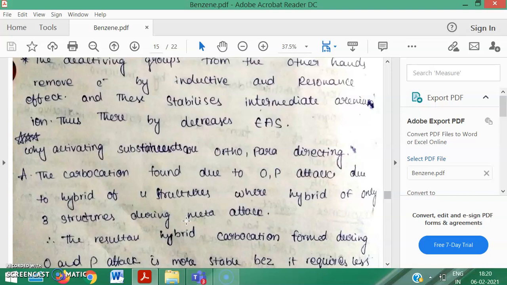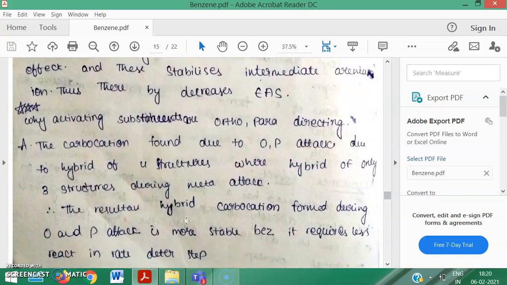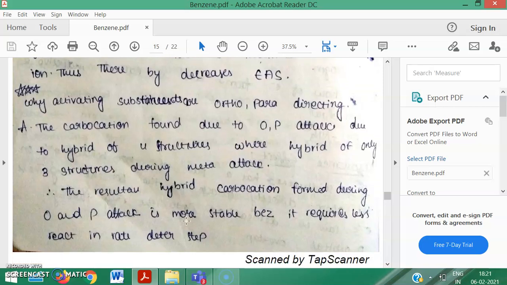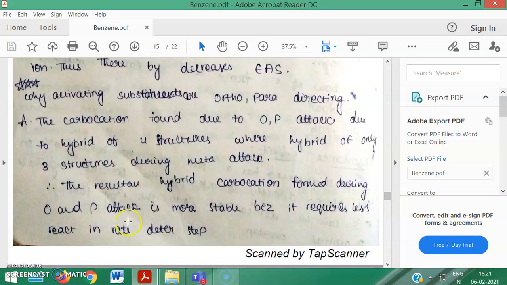Amine and OH have lone pairs of electrons, and they donate by the resonance effect. But why do they direct ortho and para, and why not meta? The carbocation formed during ortho-para attack is a hybrid of 4 structures, whereas there is a hybrid of only 3 structures during meta attack.